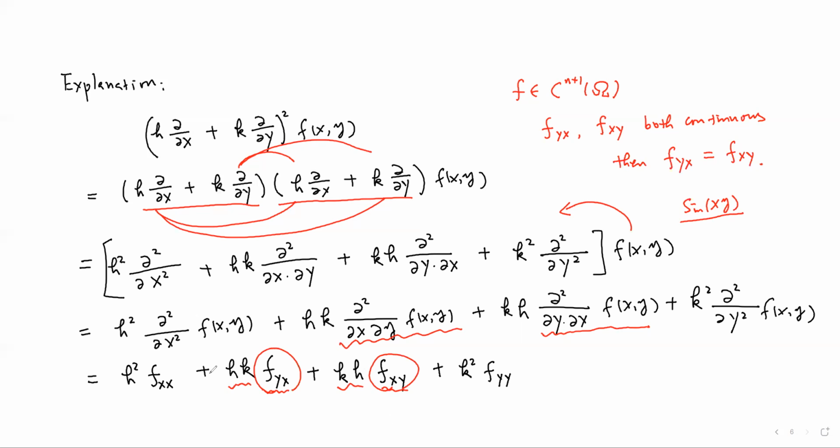Therefore this sum is equal to h squared f x x plus 2 h k f x y plus k squared f y y.